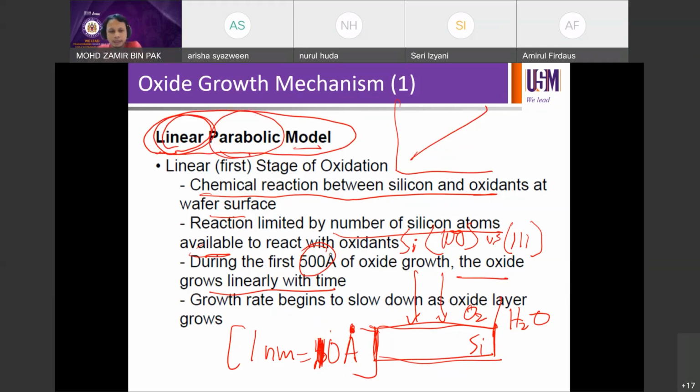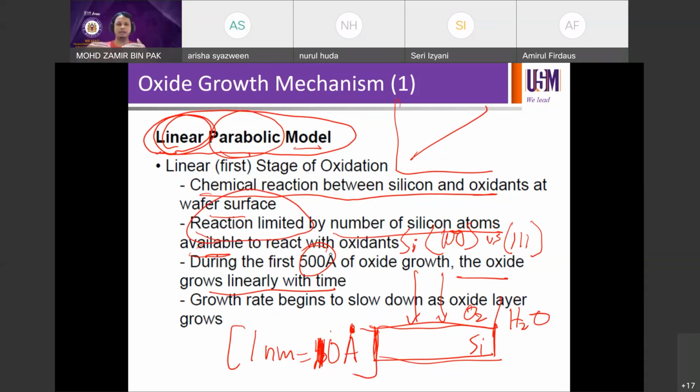Okay, get the reason. The growth rate begins to slow down as the oxide layer grows. Remember the reaction at this point is limited by the number of silicon atoms available on the surface to react with the oxidant, right?